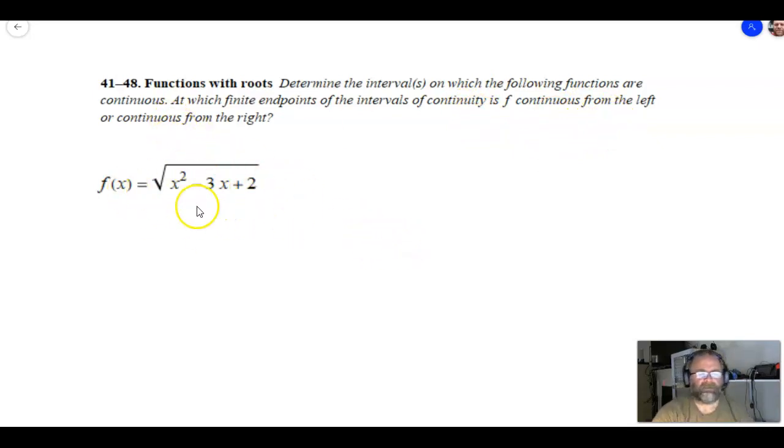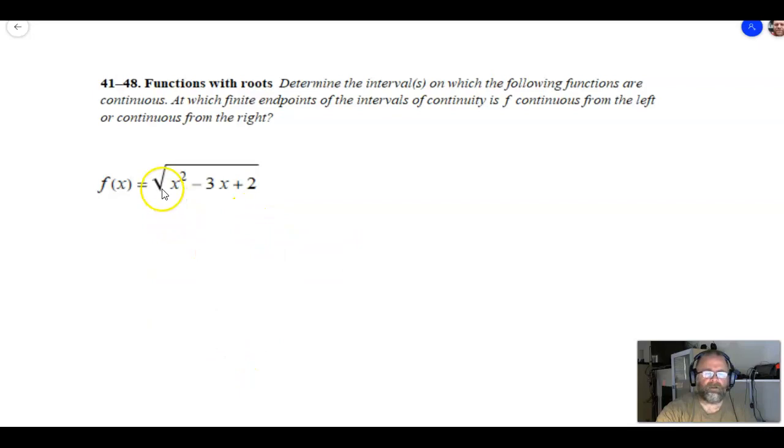All right, so we have this square root here. Now remember, this function is going to be defined for all values that are 0 or greater inside the square root, because if we have any negative numbers in here, then we try to take the square root of that, and that's not going to be in the domain of our function here.